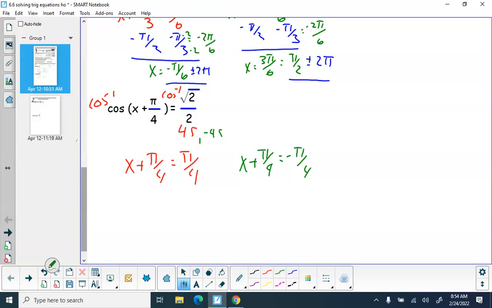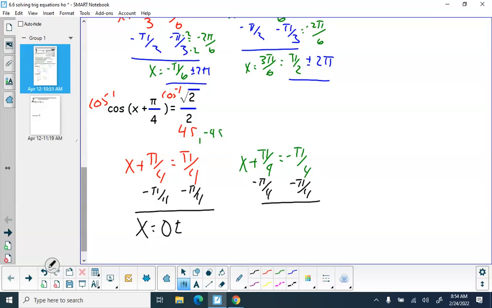To solve this, we have to subtract our pi over 4s. Over here, we cancel out to 0, plus or minus the period n.